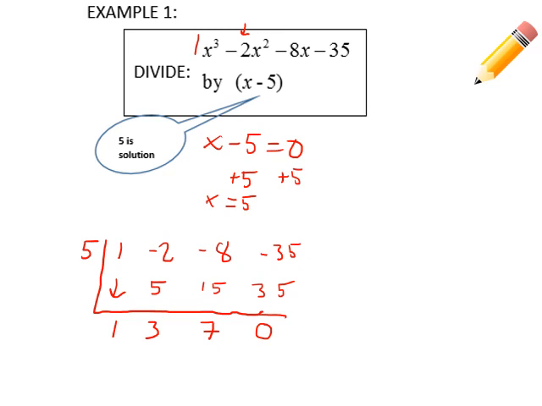Looking at my original polynomial, I had an x cubed, and I was dividing by x. If you remember our exponent rules, x cubed divided by x is x squared. So I know my solution is going to be degree 2. So a degree 2 polynomial starts with x squared.